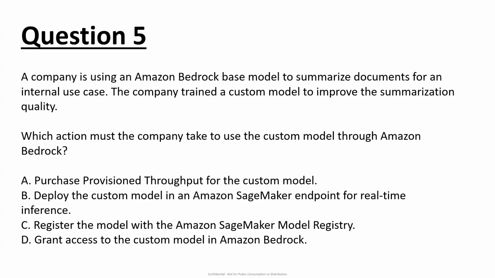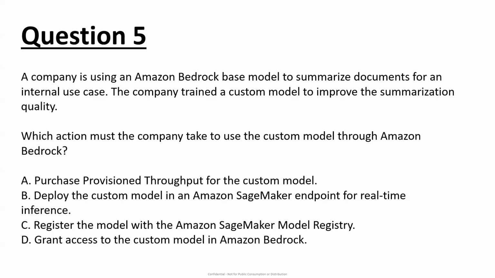So for this question, you need to memorize one thing. Whenever in Amazon Bedrock you want to use a custom model, it's always recommended to go for provisioned throughput, because it will give you reserved capacity.